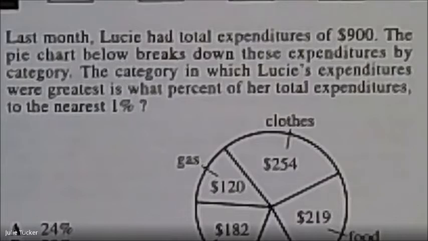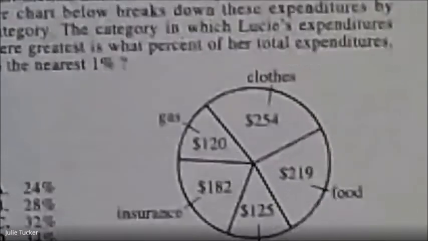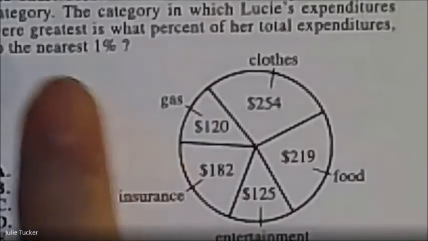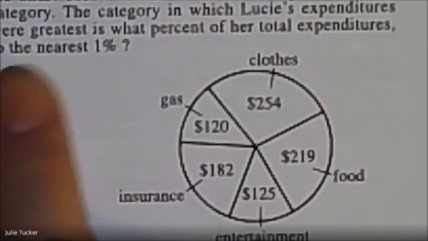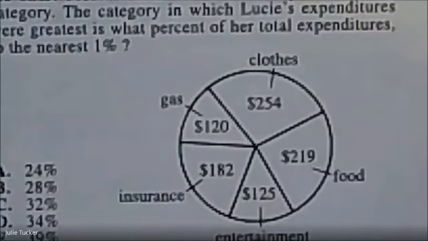The category in which Lucy's expenditures were greatest, what percent of her total expenditures to the nearest 1%? So the category in which her expenditures were greatest is what percent of her total.